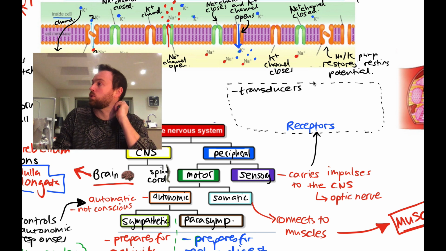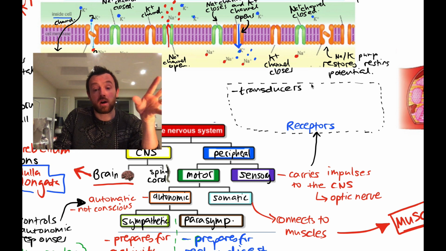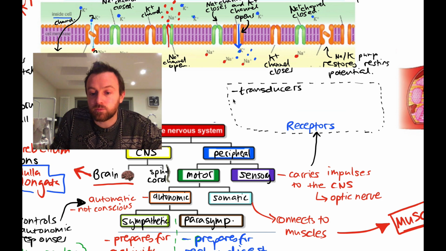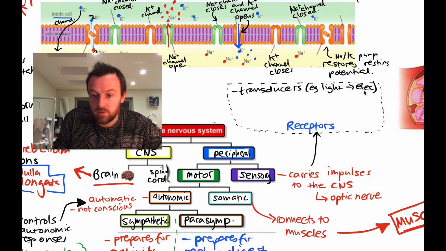So for example, rod and cone cells in your eyes take light, the signal, and transduce it into an electrical signal. So let's just write e.g. light to elec, okay? And they all contain gated ion channels.